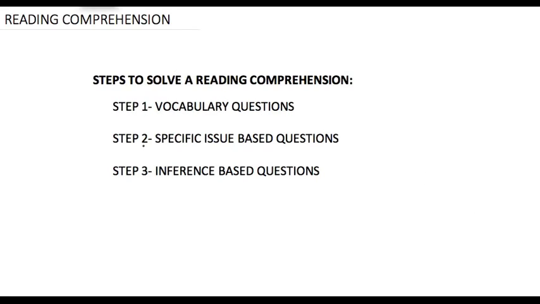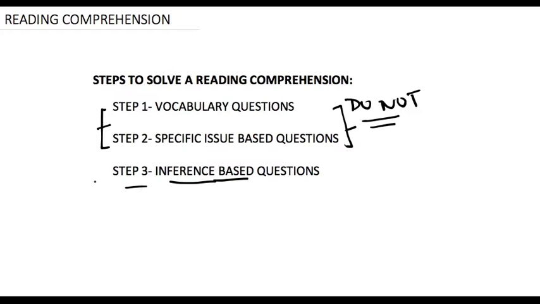The last step is to identify the inference based questions and to go through these questions. The important thing about these three steps is that in step 1 and step 2, you do not need to read the entire comprehension.